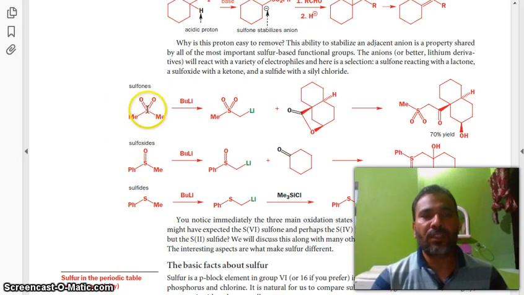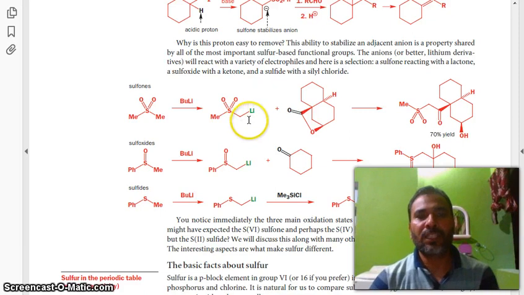Sulfone has sulfur double bond oxygen, sulfur double bond oxygen; sulfoxide has sulfur double bond oxygen; and sulfide is without oxygen. It reacts with butyl lithium, forming lithium attached by removing this proton, and the same way here and here.